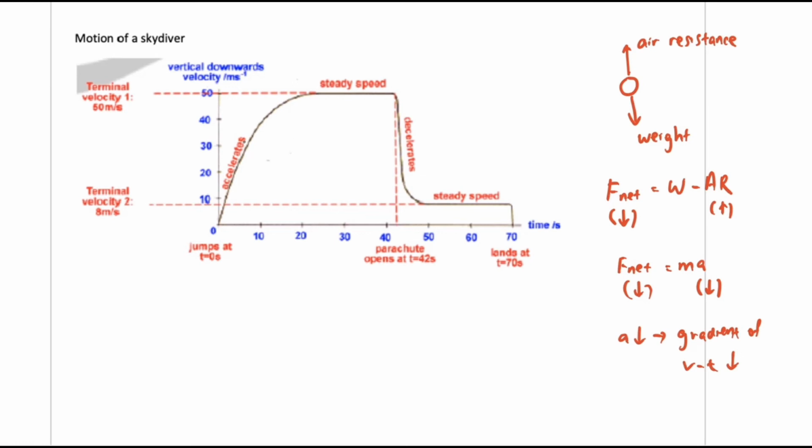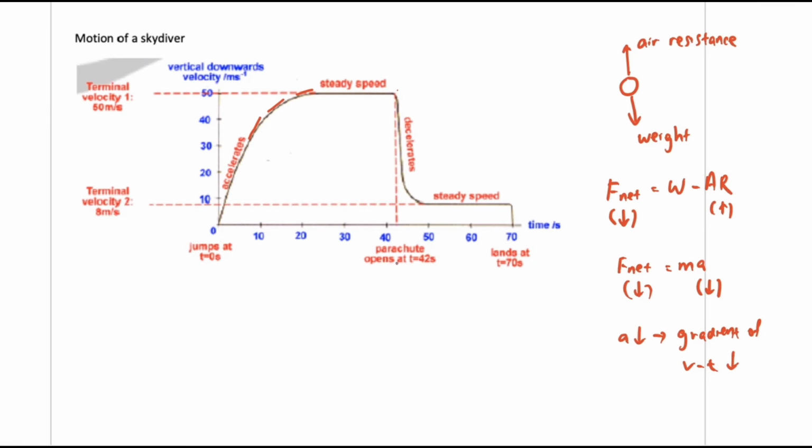So that's why you can see the gradient keep decreasing. The gradient is basically the gradient of the tangent as it is decreasing, until it is zero gradient. Zero gradient, so this is a steady speed. So you can call this terminal velocity for temporarily. Terminal velocity.